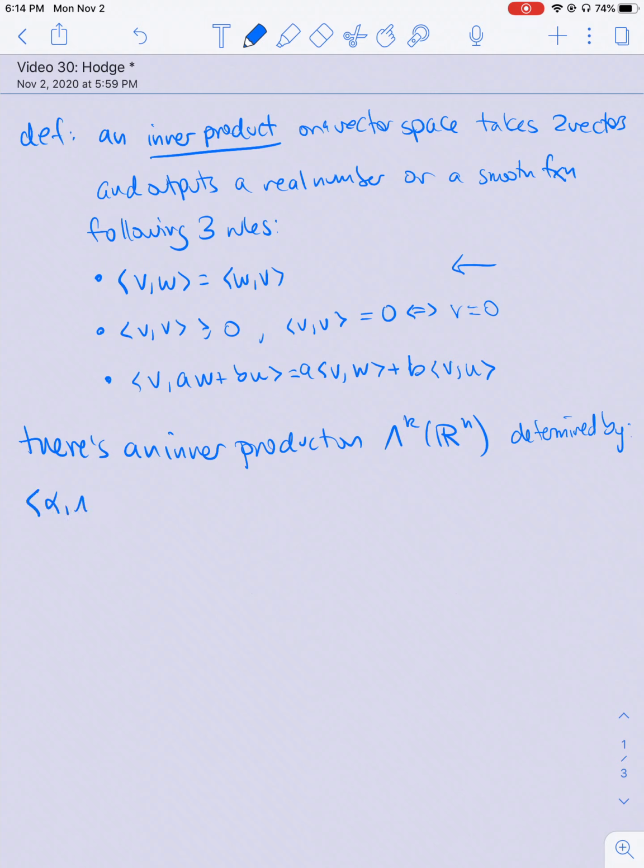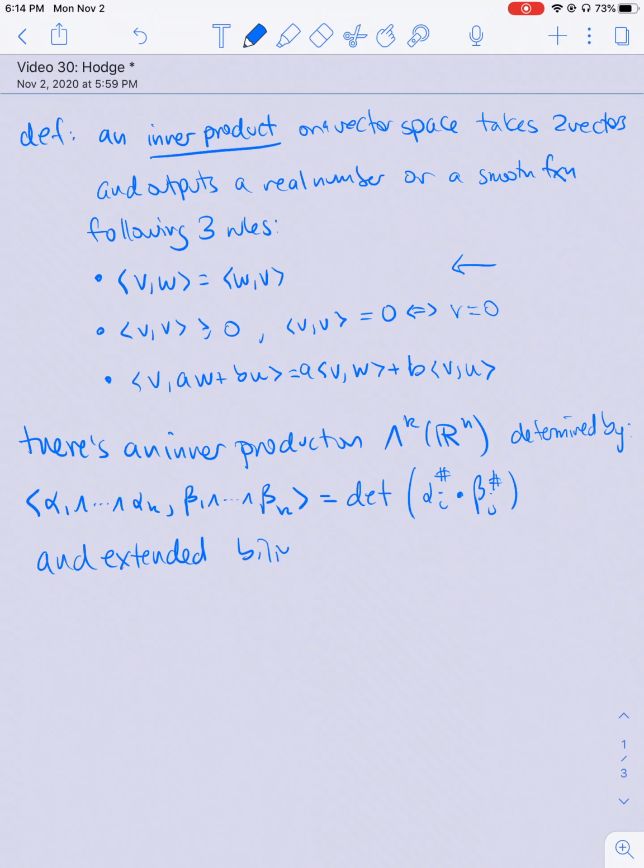If I have two k-forms, each written as a wedge product of 1-forms, then I can compute their inner product as the determinant of the matrix whose ijth entry is alpha i sharp dotted with beta j sharp. So I basically take the vector that corresponds to the covector alpha i and the vector that corresponds to the covector beta j, take their dot product, and then extend bilinearly.